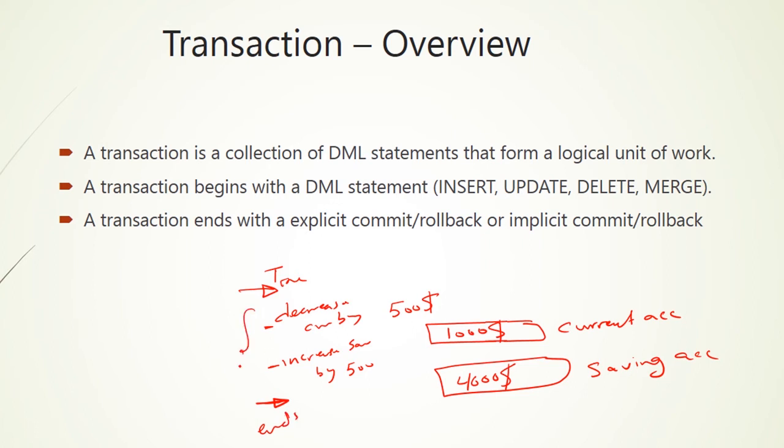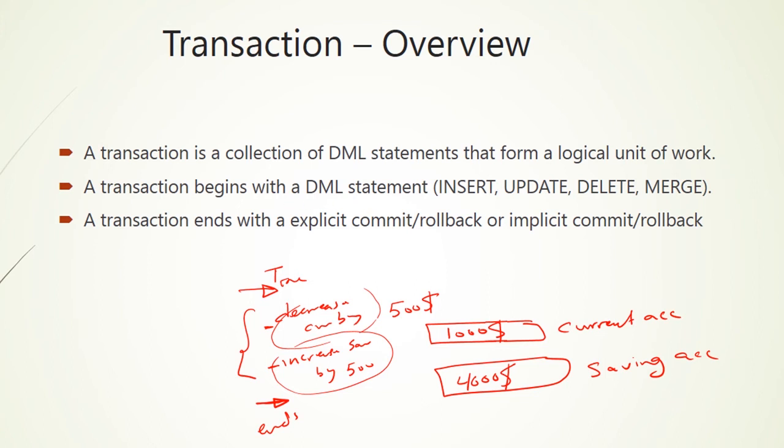It forms a logical unit of work. If this statement failed, or the increasing of the saving account failed, the transaction should be rolled back. Either complete the full transaction or roll back the completed work. If one statement failed, the transaction must be rolled back. So this is the idea of the transaction.